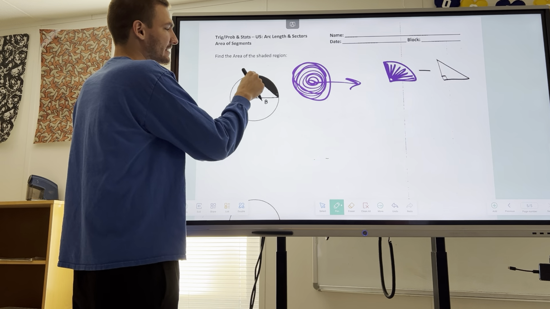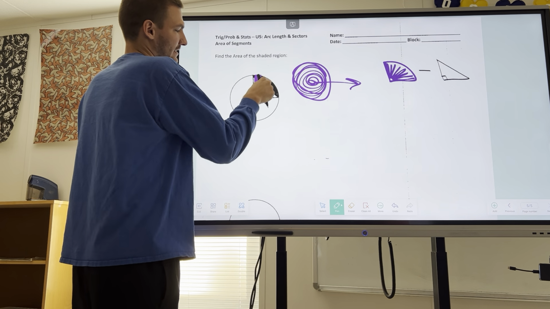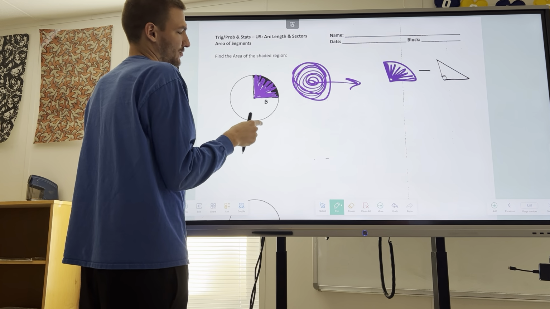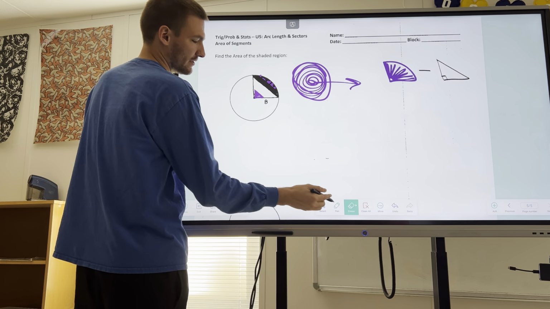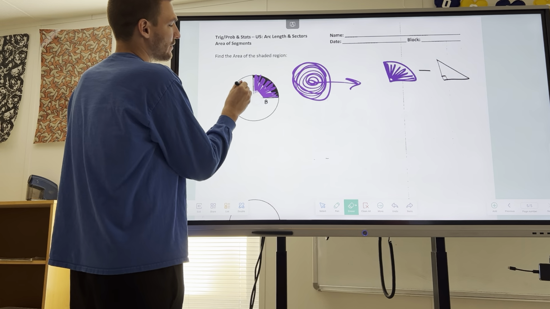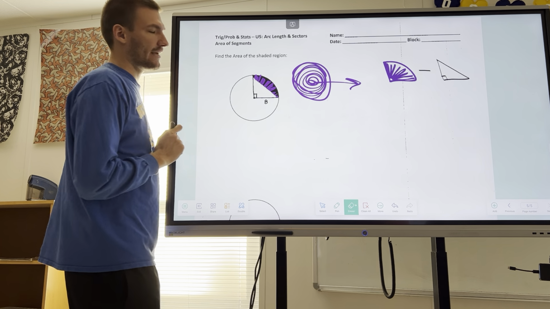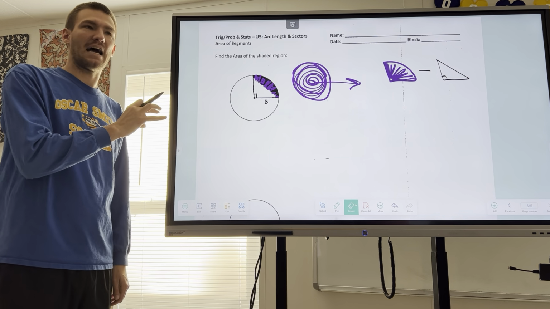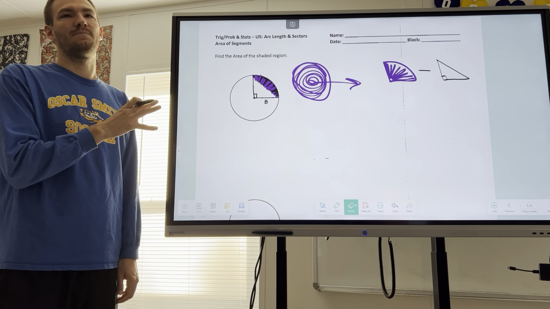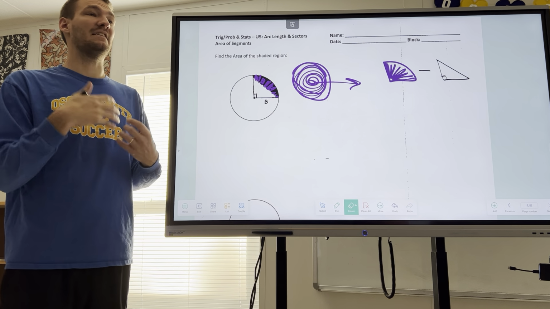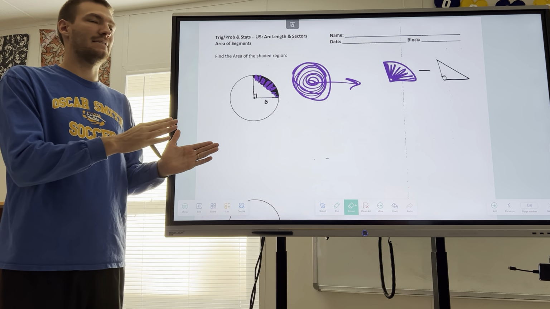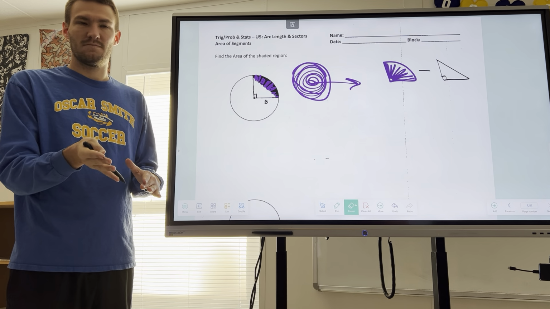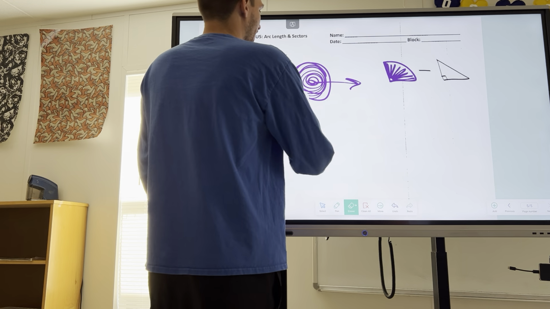If we take this pizza slice like this, which should be all of that area, and then we subtract the triangle, that is exactly the region that we want. So what we're gonna do here is basically the exact same question as yesterday, minus the triangle. So let's see how that looks, okay?